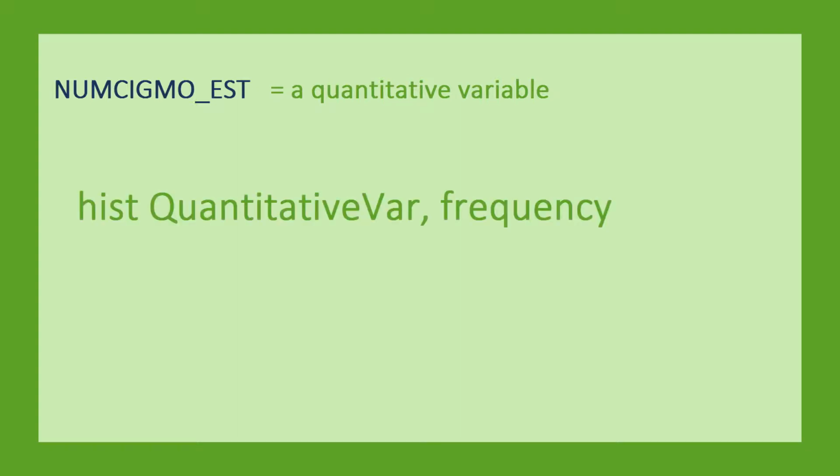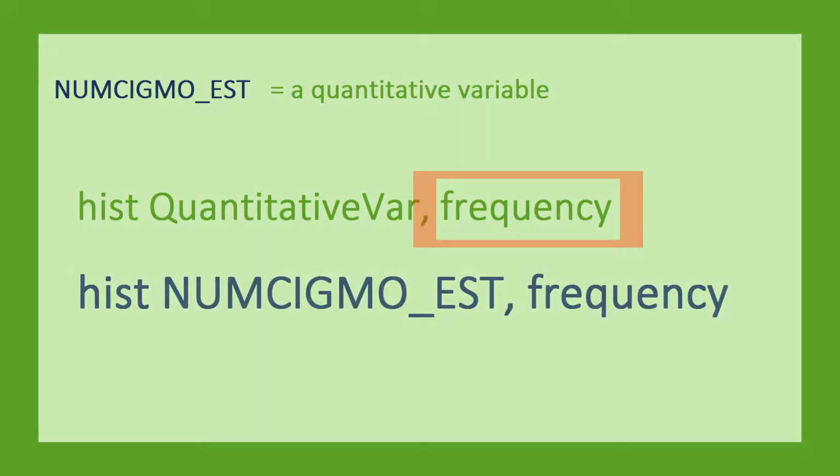The command histogram, or hist for short, tells Stata to generate a histogram. To visualize a quantitative variable, you would use the code histogram quantitative variable, which is numsigmo_EST, comma, frequency. The frequency optional argument here is telling Stata to produce the numeric frequency, or number of observations in each bin on the y-axis.